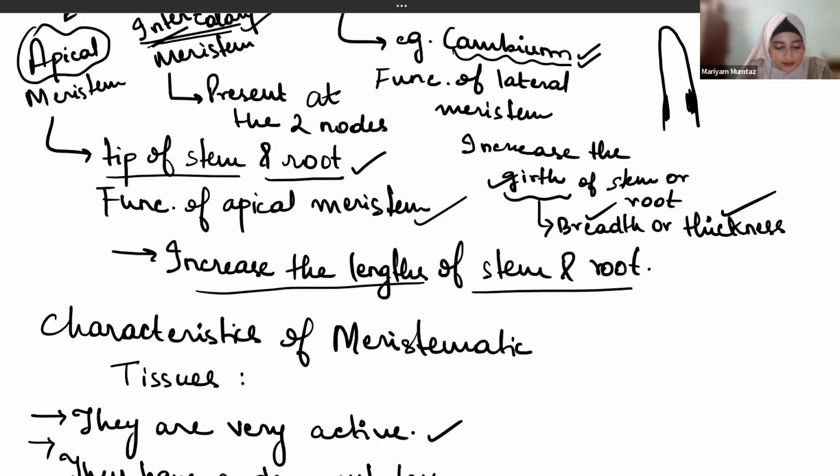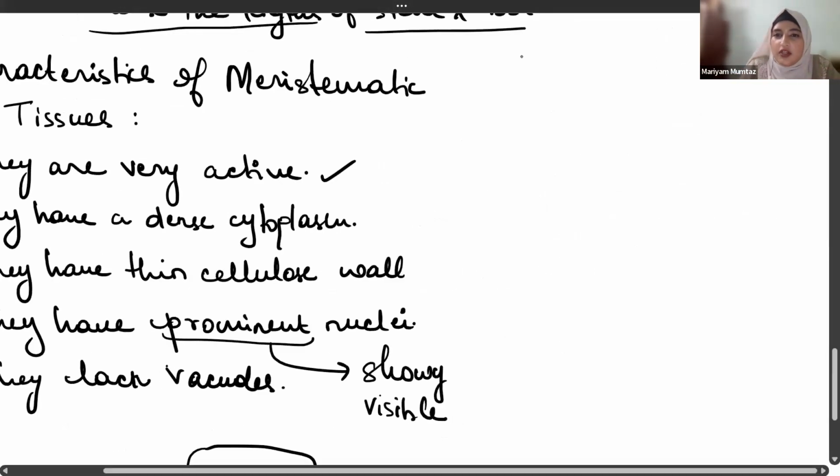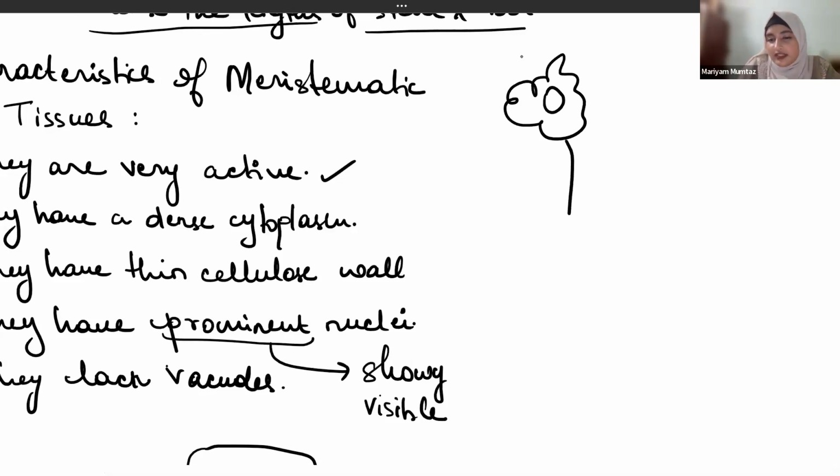Yes, ma'am. Now talking about the intercalary meristem. These are present near the nodes, and node is the region from where leaves arise. For example, if this is your flower, very bad flower, and this is your stem, this point from where the leaves are arising will be called the node.